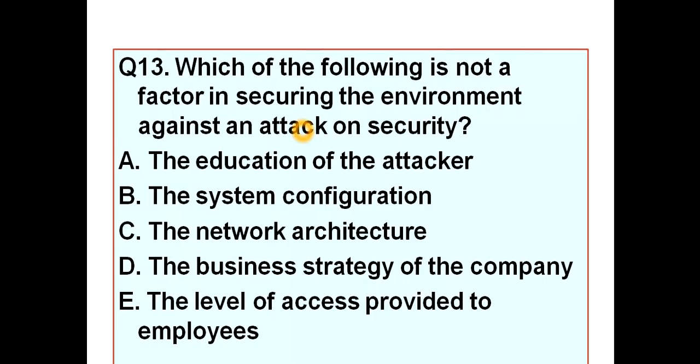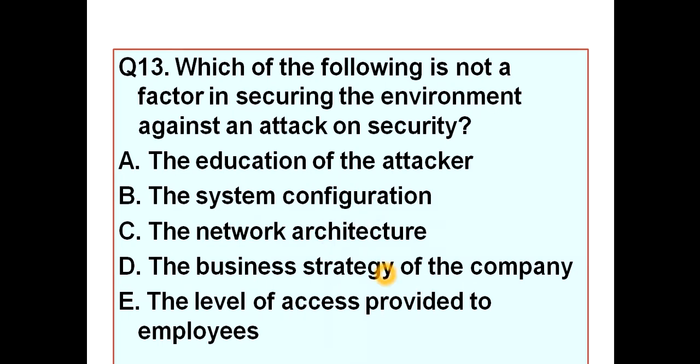Then next question: which of the following is not a factor in securing the environment against an attack on security? I am giving 5 options, and you need to find the correct one. Option A, the location of the attacker. Option B, the system configuration. Option C, the network architecture.